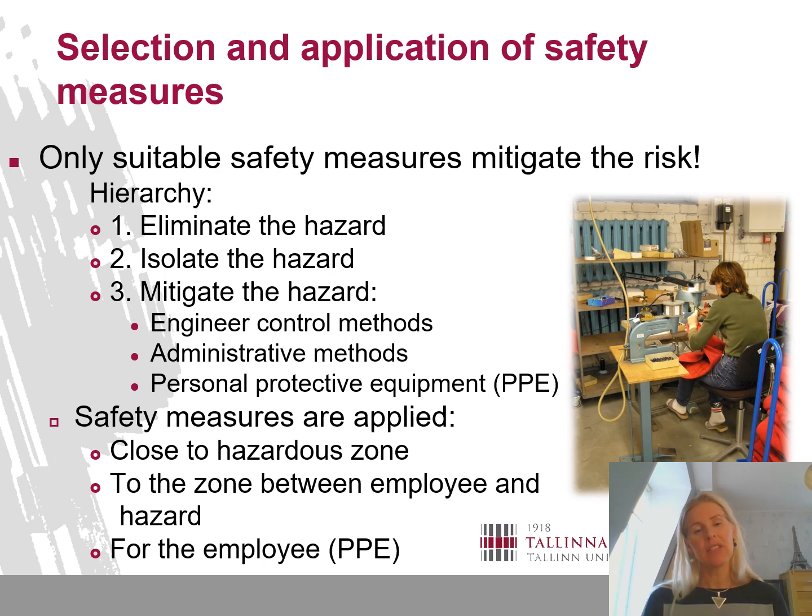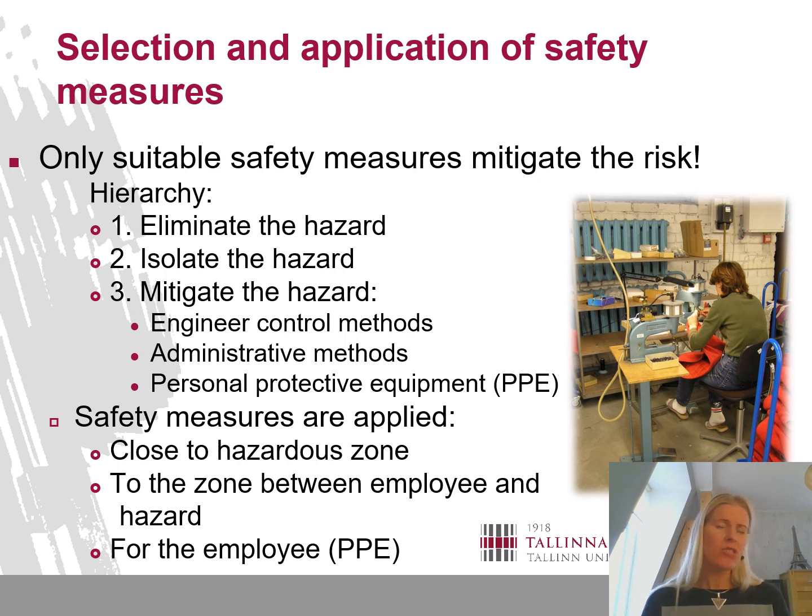Even here, the hierarchy should be followed, which means that engineering control methods are the most efficient. Engineering control methods, for instance, involve local exhaust ventilation, which can be quite effective for the chemicals because the fumes are taken away before they enter the human breathing zone.